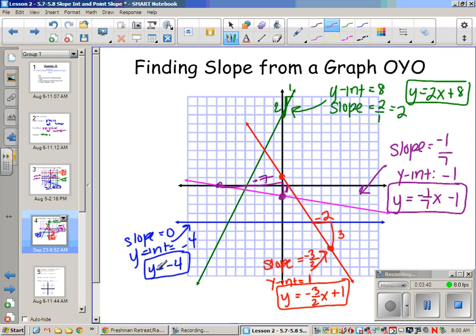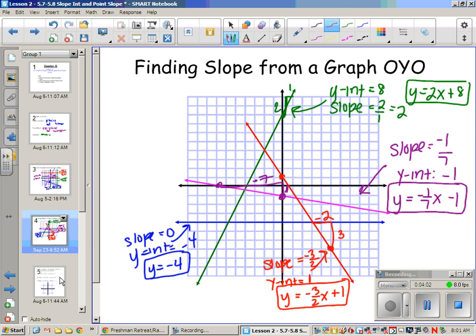So that's just going to be a y equals negative 4 line. Remember, horizontal is y equals. The pink line has a slope of negative 1/7 and a y-intercept of negative 1. So it's y equals negative 1/7 x minus 1. The last one, the green one, has a y-intercept of 8, and I found the slope you can see of 2 over 1. So it's y equals 2x plus 8.